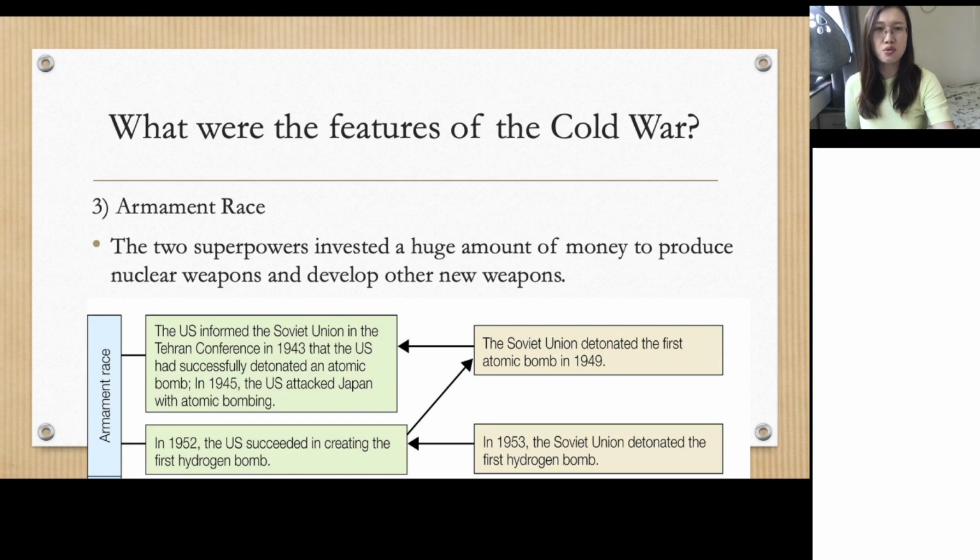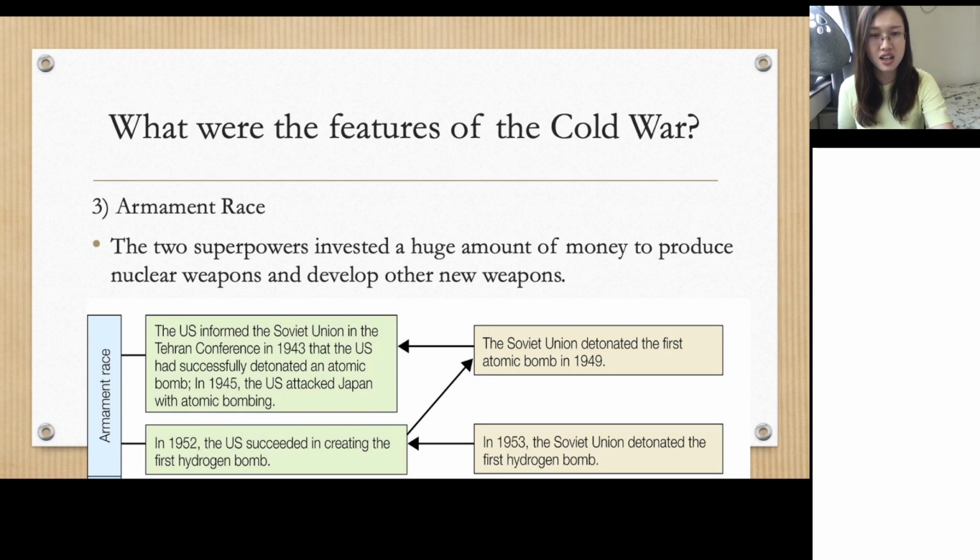And this is also the reason why it caused the MAD situation. But you still need to know that even under MAD, although it was a deterrent against war and it was not easy to lead to war, it did not stop each side from trying to develop even more advanced nuclear weapons. They just kept growing and putting money into these things, right?